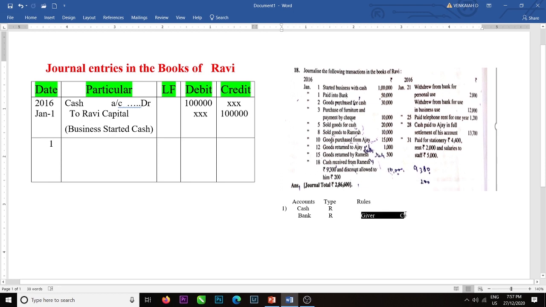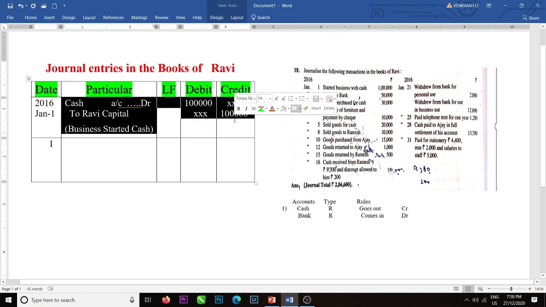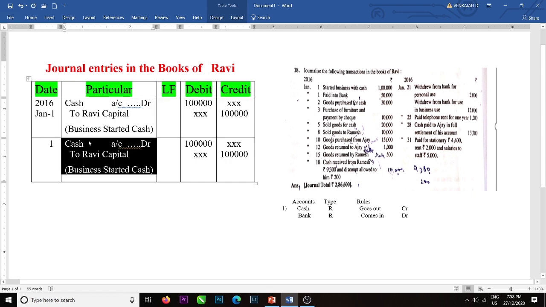Cash is going out. Bank amount is coming in. So for the bank rule, what comes in? Debit. For the cash rule, we have to apply what goes out, which will be credit. So which to be debited? Bank to be debited. And which to be credited? Cash to be credited.